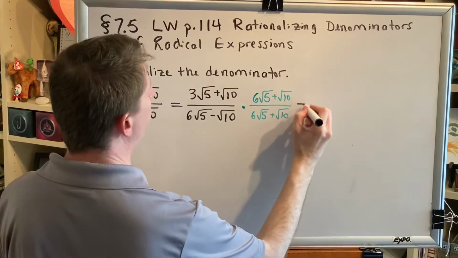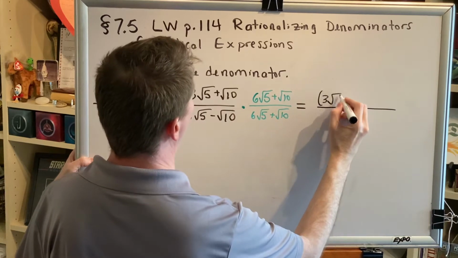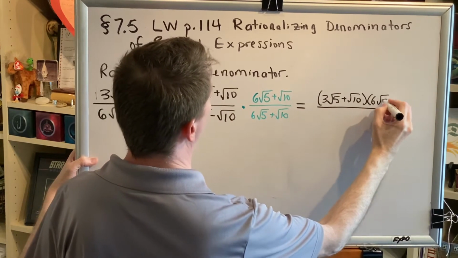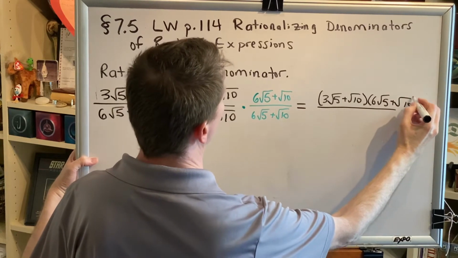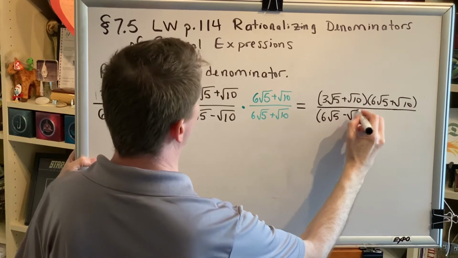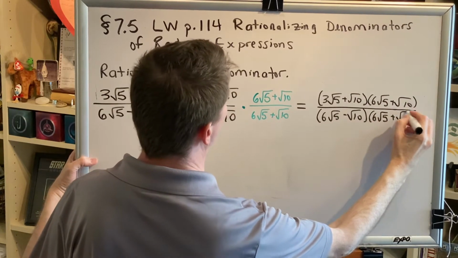Next, combine the two fractions into just one fraction. So 3 root 5 plus root 10 times 6 root 5 plus root 10 over 6 root 5 minus root 10 times 6 root 5 plus root 10.